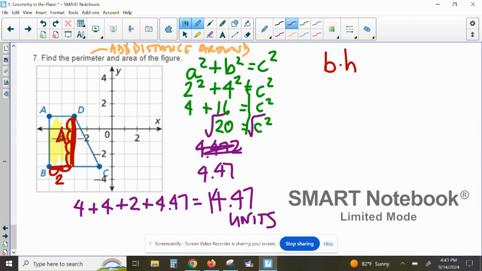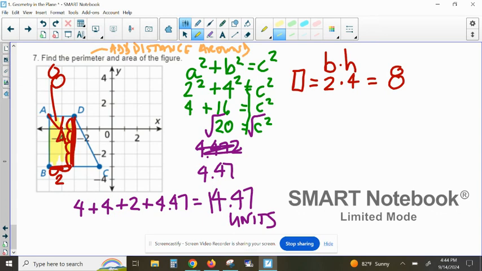So the base was 2, and the height was 4. So that is going to be the area of my rectangular piece, right? And so 2 times 4 equals 8. So that means the area of this part is 8, which I could have just counted the blocks. 1, 2, 3, 4, 5, 6, 7, 8. Easy, right?